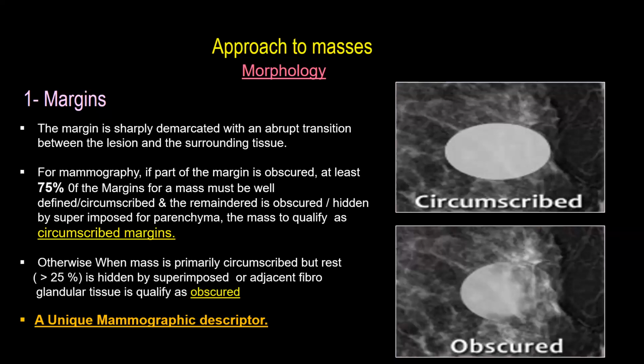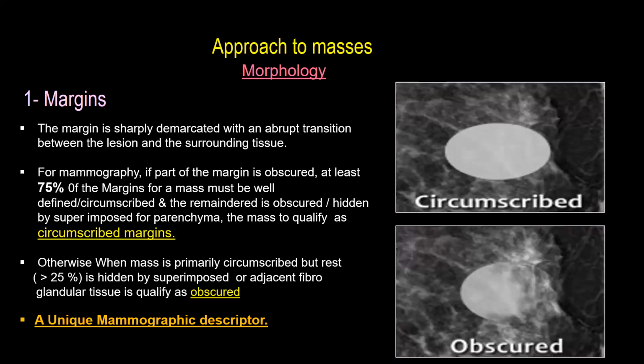And if at least 75% of the mass margin is circumscribed or clear, then it will be circumscribed. Previously, historically, they called it well-defined or well-circumscribed.